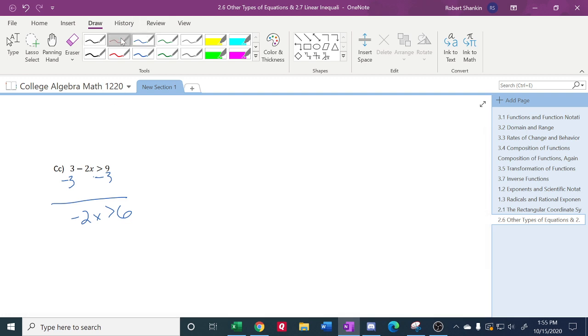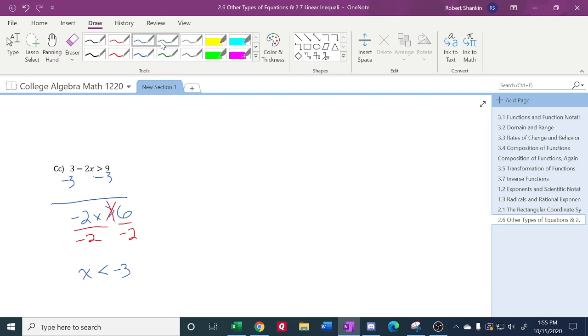I'm going to divide both sides by -2. But when I divide by a negative, that sign's going to be wrong. So the next time I write it, I turn the direction, and I have this. That's my solution.